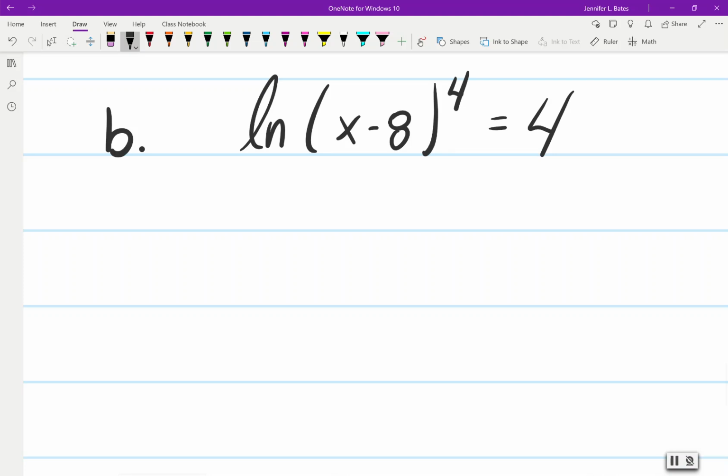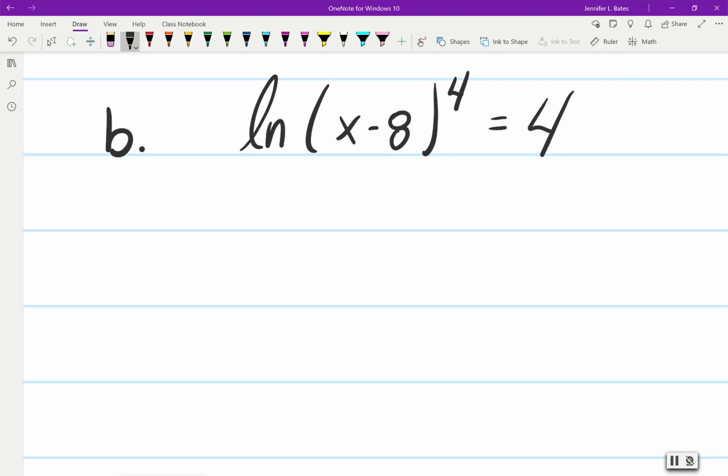All right. So, same thing. The x is trapped in the natural log. So what I want to do is change forms. However, before we change forms, we actually need to get that exponent out of there. We've got to move the exponent before we can change forms.